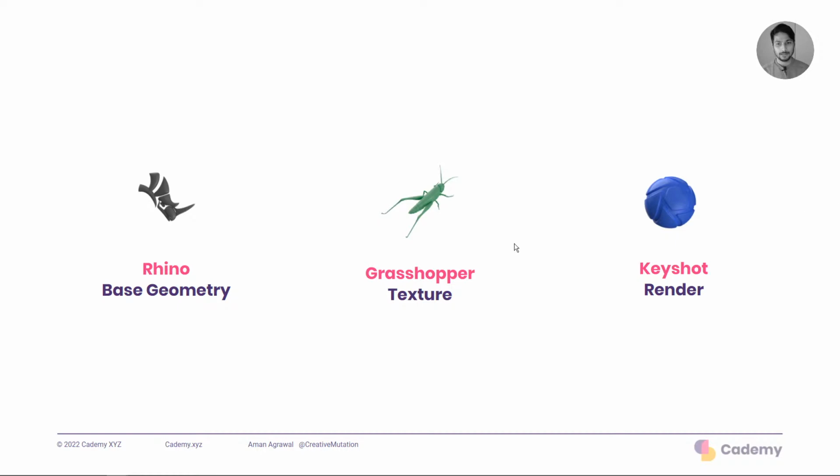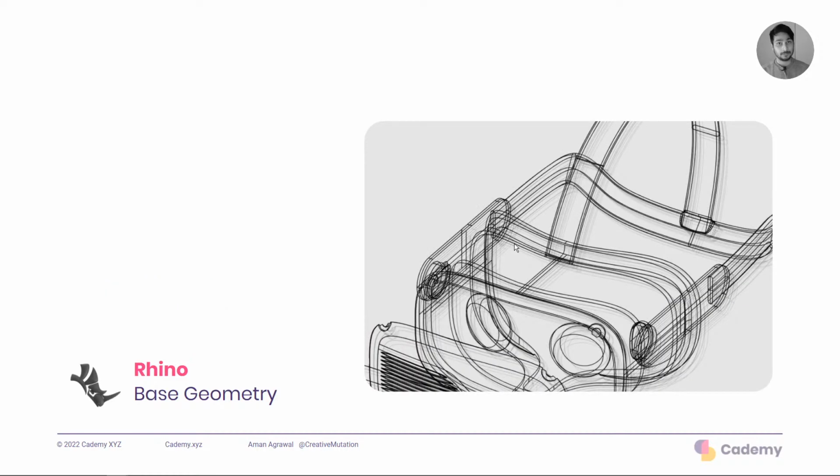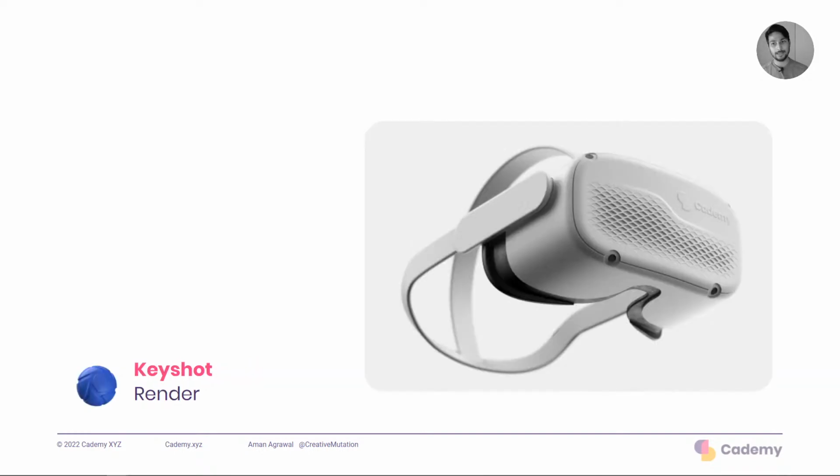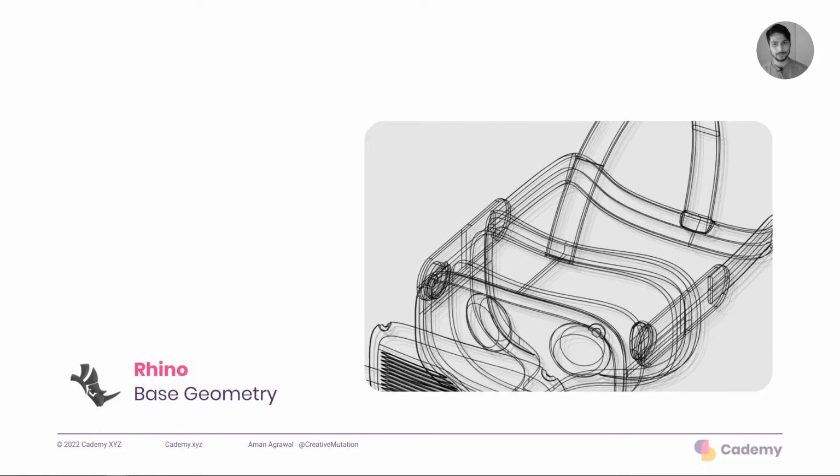So we will model the CAD model in Rhino, apply texture in Grasshopper, and render in Keyshot. Perfect. So let's turn on the Rhino environment.